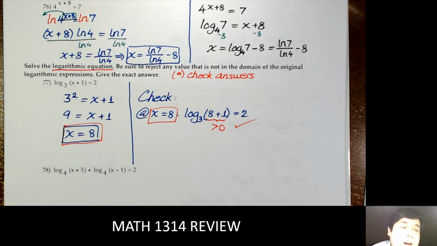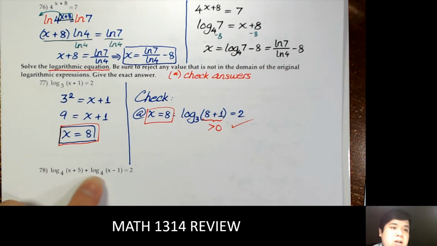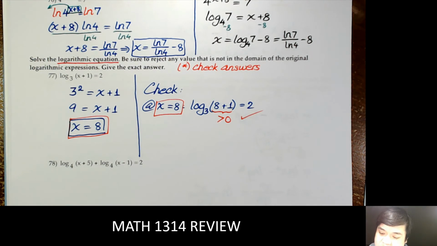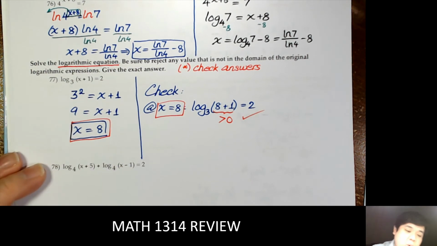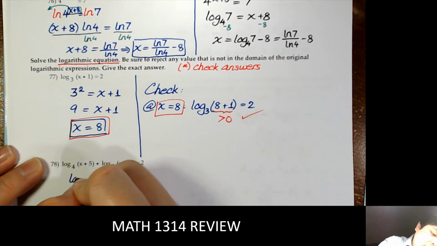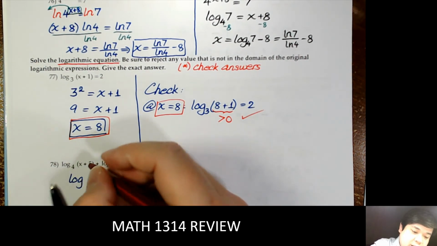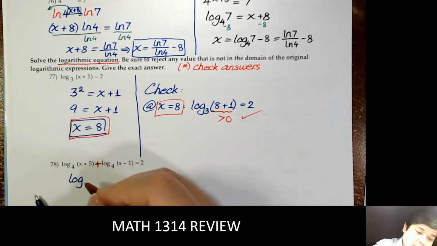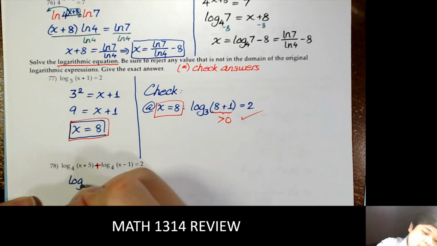Right. Next, we also do a similar thing. However, we have 2 logs instead of 1. But we can combine them. So we combine the logs here into one big log. It is a plus, so we write that as a product.